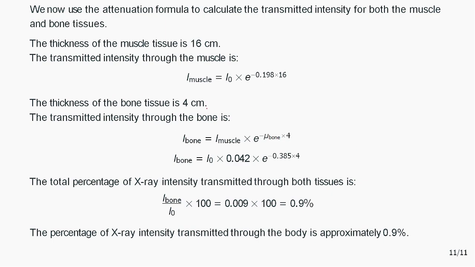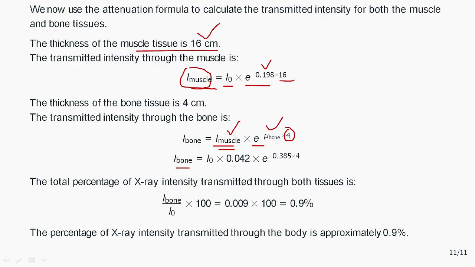For the first layer of muscle, the thickness is 16 centimeter. I muscle can be found as I naught e to the power minus the attenuation coefficient into 16. Once we get I muscle, it is the initial value for I bone. So I bone equals I muscle into e to the power minus the attenuation coefficient for bone into 4, where 4 is the thickness of the bone.